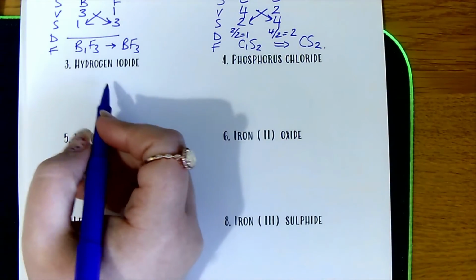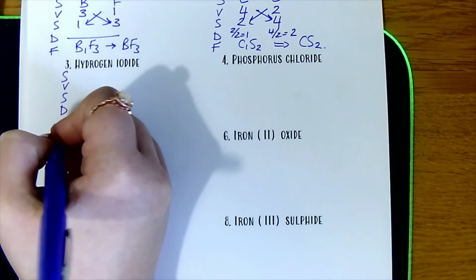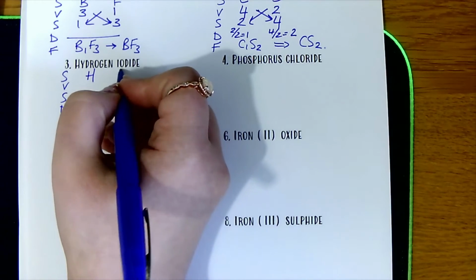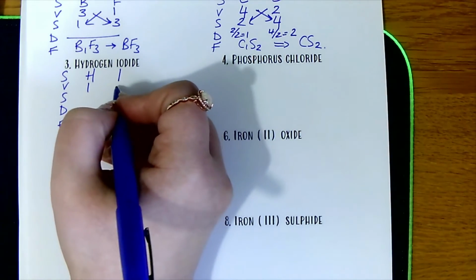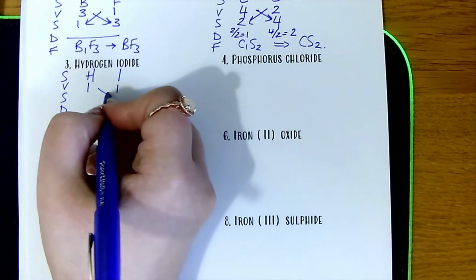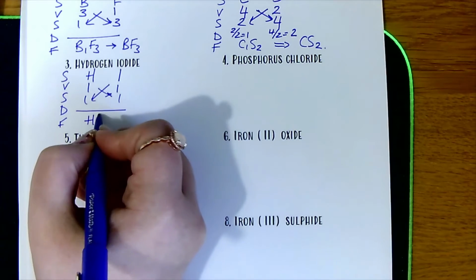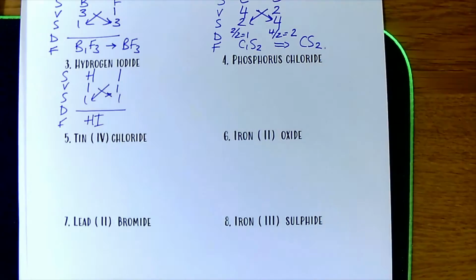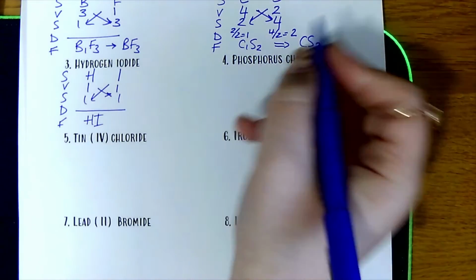Let's look at our third example, hydrogen iodide. Hydrogen has the symbol H, iodine symbol I. The valency of hydrogen is 1, and so is the valency of iodine. Swap those, can't divide them, and we write the formula as HI. Example 4, phosphorus chloride.